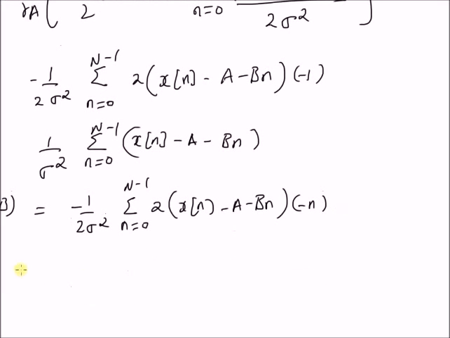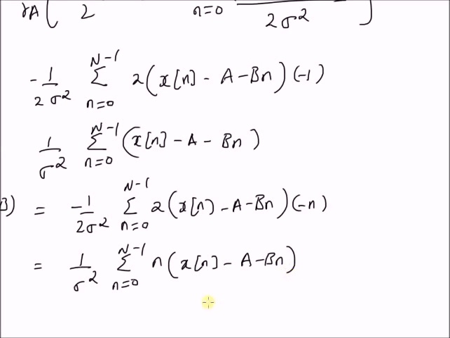Therefore, the derivative of the log likelihood function with respect to the parameter b is 1 by sigma squared summation n equal to 0 to N minus 1 of n times x of n minus a minus bn.